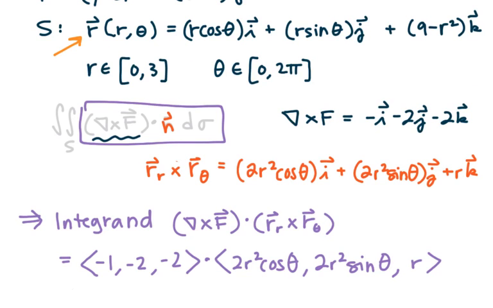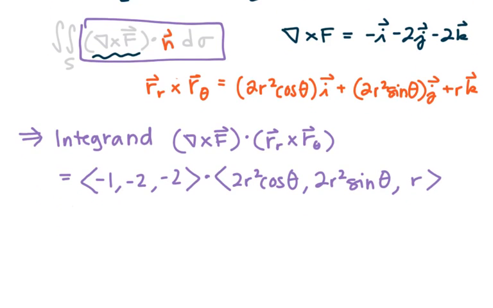So setting up my integrand to be del cross f dotted with r sub r cross r sub theta, I've got -1, -2, -2, and 2r squared cosine theta, 2r squared sine theta, r. So what this dot product looks like is we've got -2r squared cosine theta minus 4r squared sine theta minus 2r. This represents our integrand.